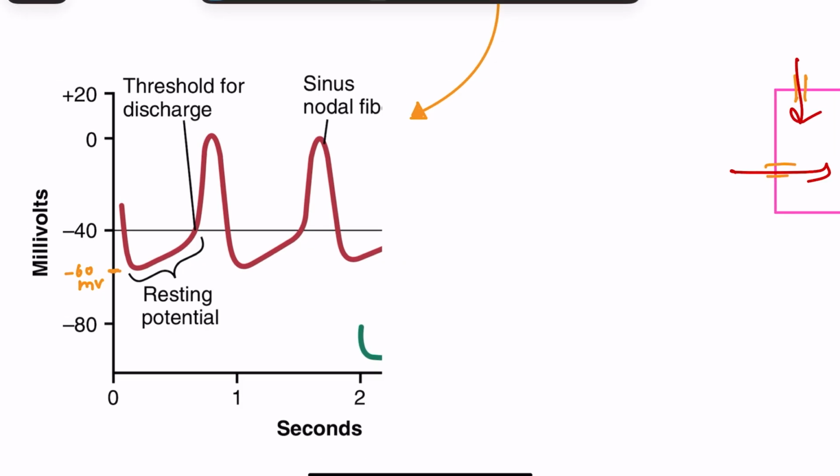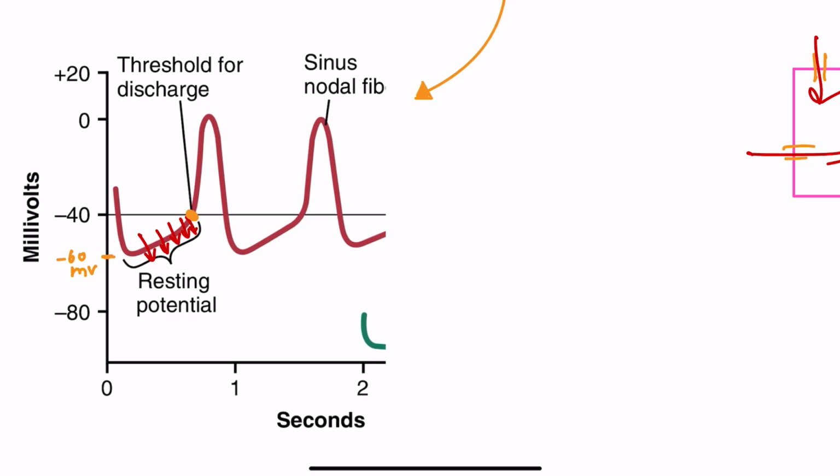So sodium influx actually leads to this depolarization. Slowly the potential of SA node goes from minus 60 millivolt to minus 55 millivolt to minus 45 millivolt, and finally it will reach up to minus 40 millivolt. And this minus 40 millivolt is regarded as the threshold potential for SA node.